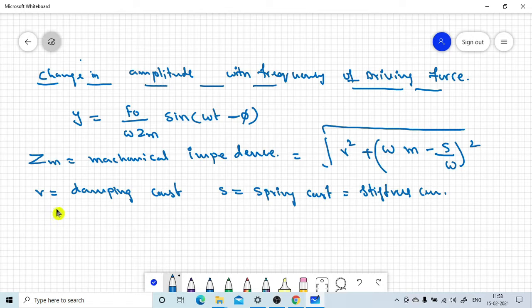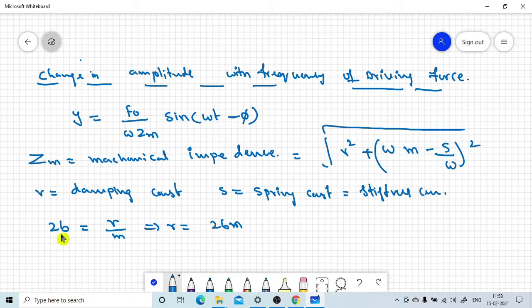Before using this, we need to convert this complete equation in terms of the natural frequency omega naught and the applied frequency omega. To change this, we use what we submitted before, where 2b is equal to r by m, so r is equal to 2bm.